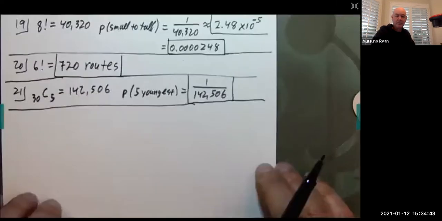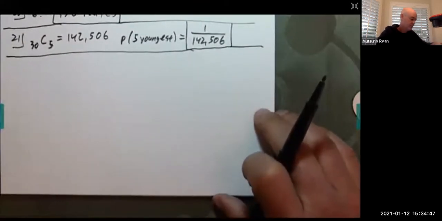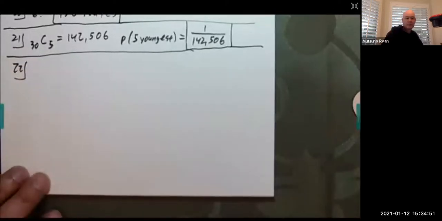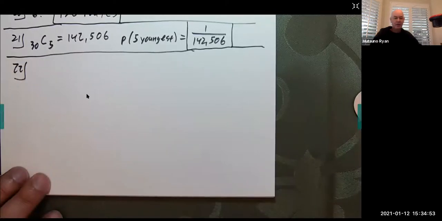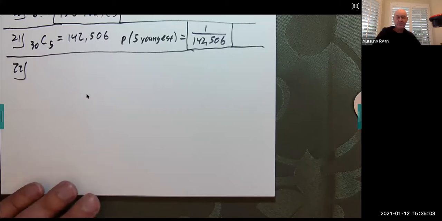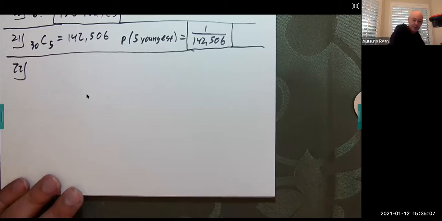All right, so that was 21, now 22. There are 5 members on a board of directors. They must select a chairperson, a secretary, and a treasurer. How many different slates of candidates are possible? In this case, the order does matter because we actually have titles connected with them.